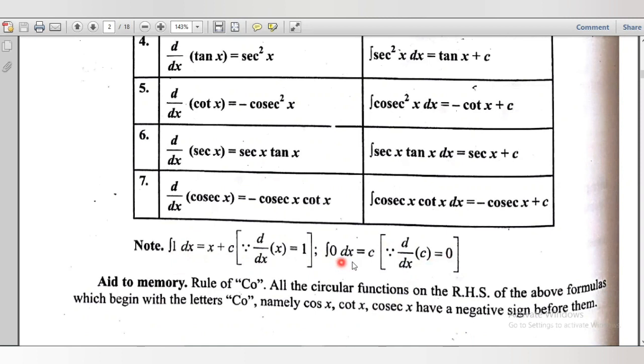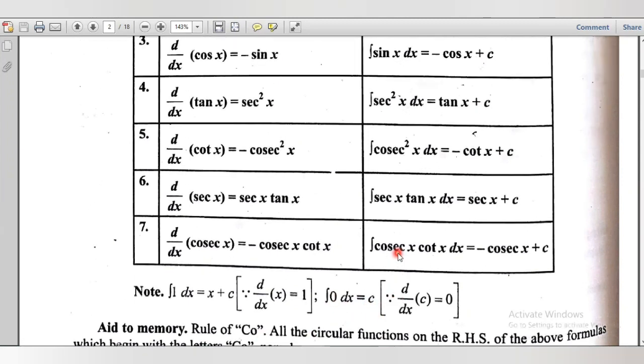So the integral of 0 with respect to x, or with respect to any variable, is a constant c. All right, let's move.